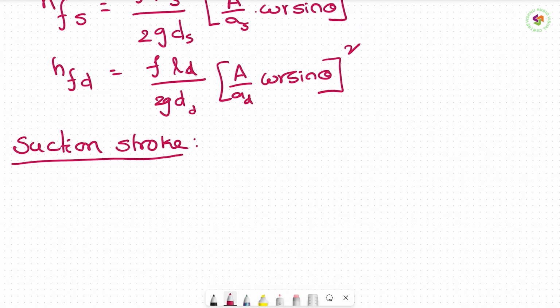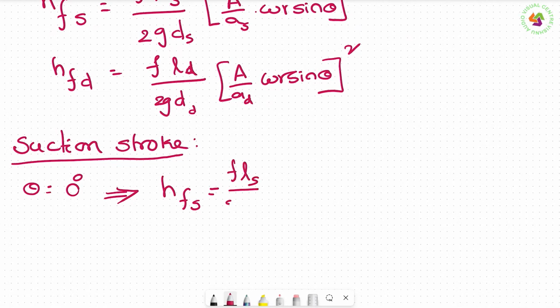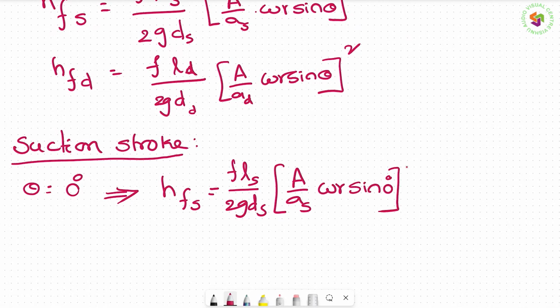If I take the suction stroke, at the beginning theta is equal to 0 degrees, then what will happen to hfs? f ls by 2 g ds into A by as omega r sine 0 whole square. Sine 0 is equal to 0.